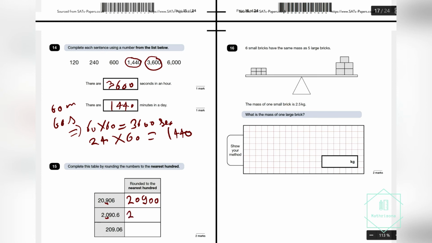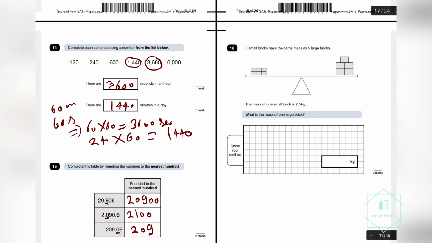So the nearest 100 will be 2100. We will add 1 to the 100 place value. Now in this question, 209, and after the decimal it's 0, which is less than 5. So the rounded value will be 209. Right? Moving to the next question.